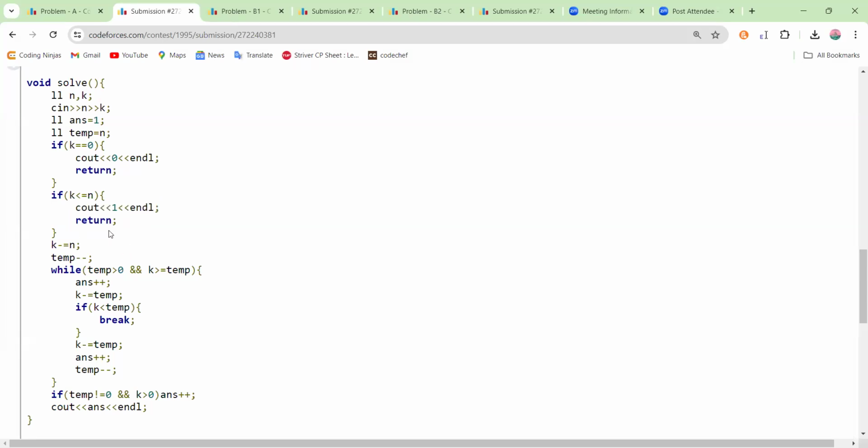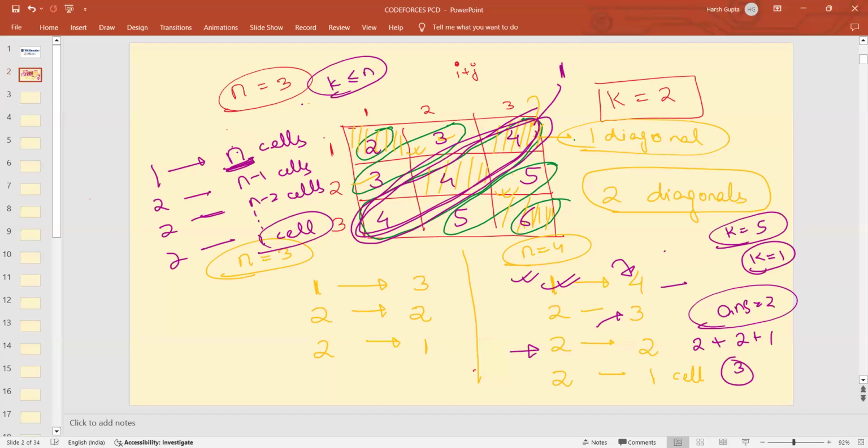And if it is not so, we simply subtract n from our k, because we will fill the first n chips in that particular diagonal, and then we will see what we need to do. So we subtracted n from our k and also decremented our temp, because we know that the first diagonal that we were filling contained n cells, and the next diagonal that we are going to fill will contain n minus 1 cells.